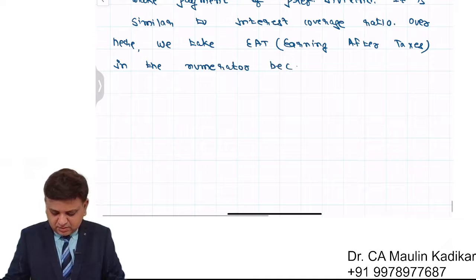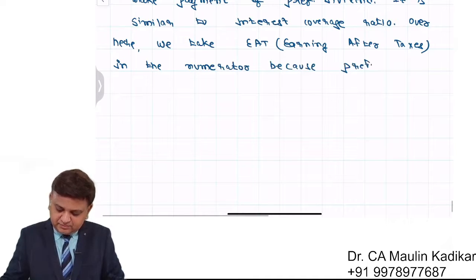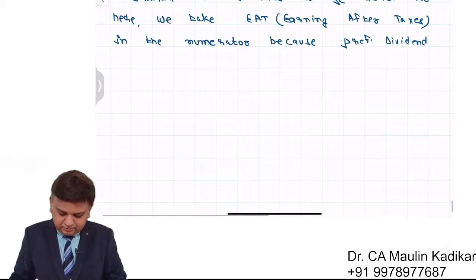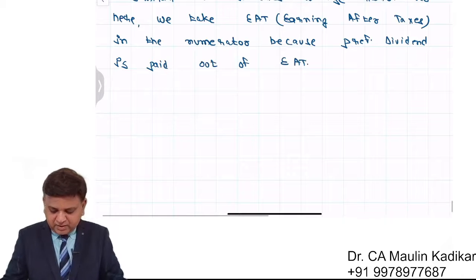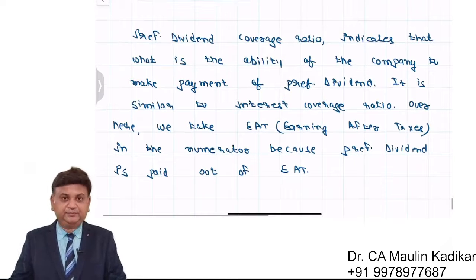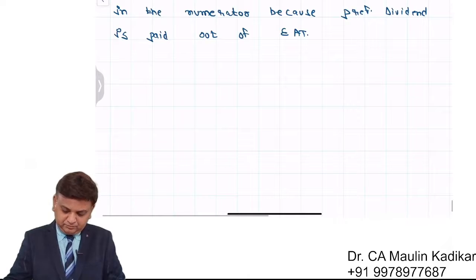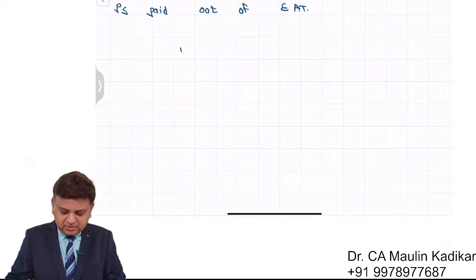Because preference dividend is paid out of earning after taxes.